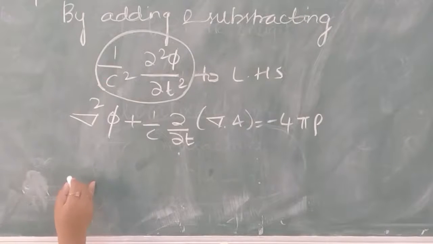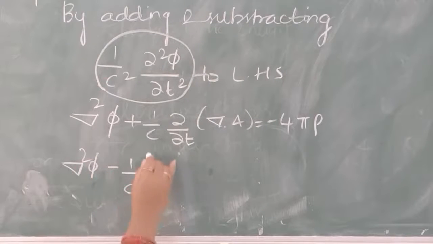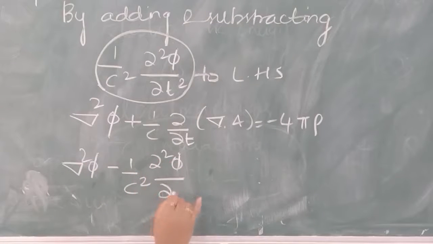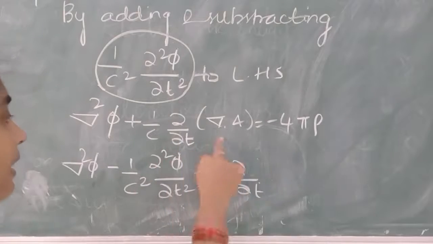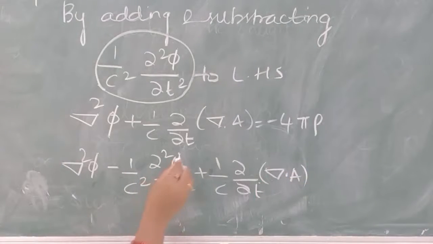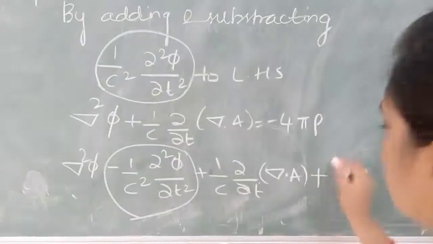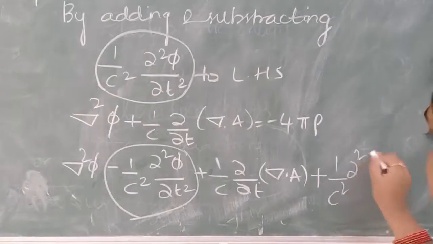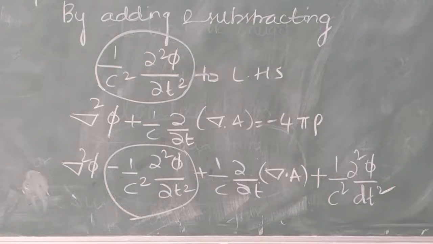What is the equation we are using here? Del square phi minus 1 by c square dou square phi by dou t square plus 1 by c dou by dou t, this term I am writing, del dot A. Here the minus term now. Next here I will write the plus term, plus 1 by c square dou square phi by dou t square is equal to minus 4 pi rho.